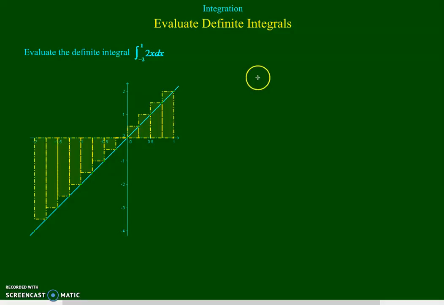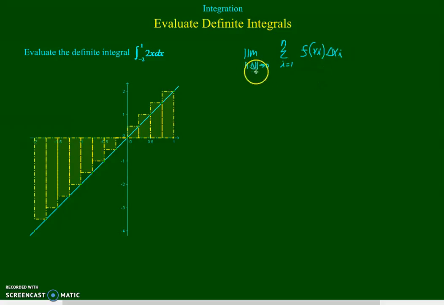So in this example, we want to evaluate this definite integral, and that is to find the area between the curve and the x-axis. And so we're going to use the limit of a Riemann sum. So the limit as the norm of the partition goes to 0 of the sum as i goes from 1 to n of f of x sub i delta x sub i.